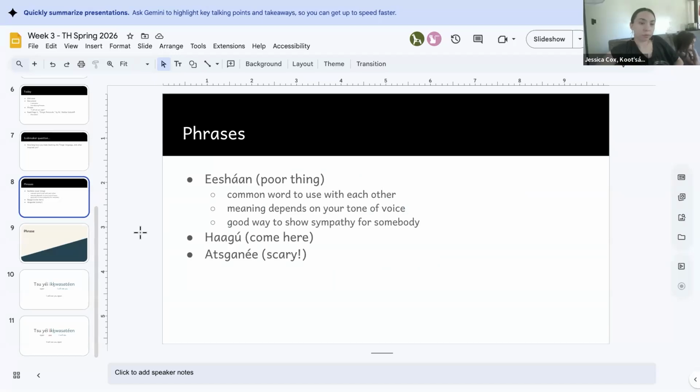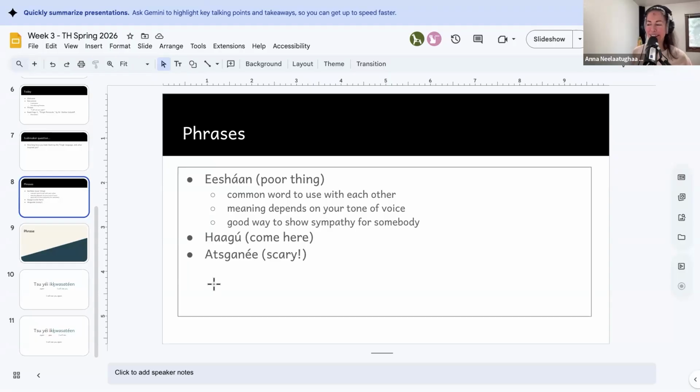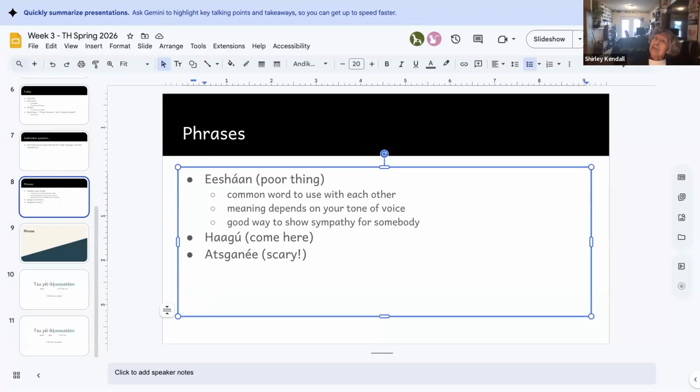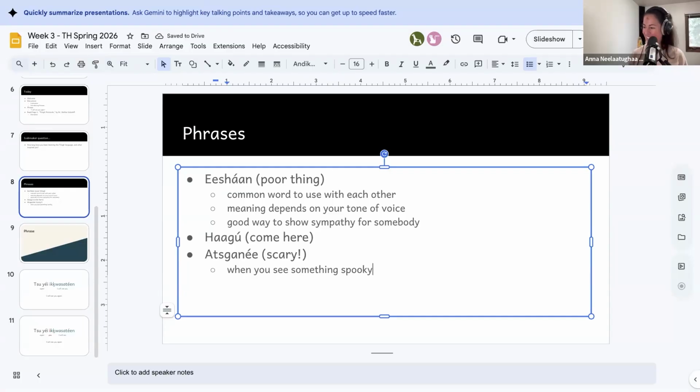Another one she mentioned is atskani, and that's like a sound. Shirley, how would you translate that one? Atskani. That's when you see something spooky, or somebody's telling you something spooky. It means, ooh, spooky.